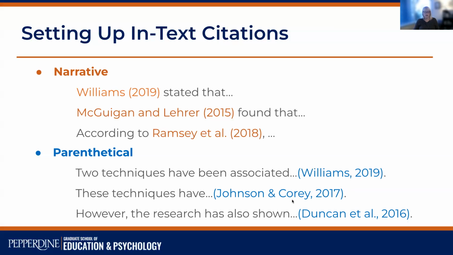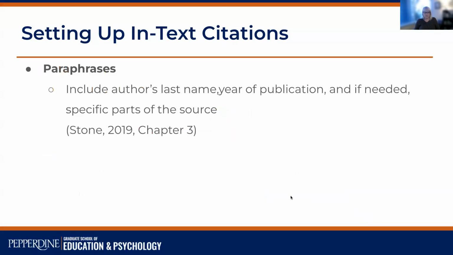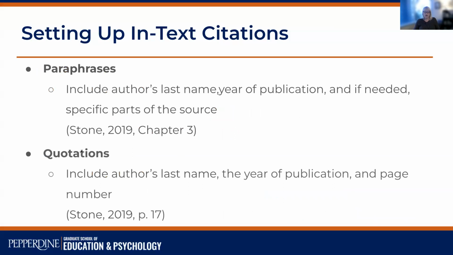So these are the 2 options you have to choose from within text citations. And these are for paraphrases. If you include a specific part of the source, your professor might ask you to include a chapter number or a page number. So whenever you use a quotation, you must include also that page number.